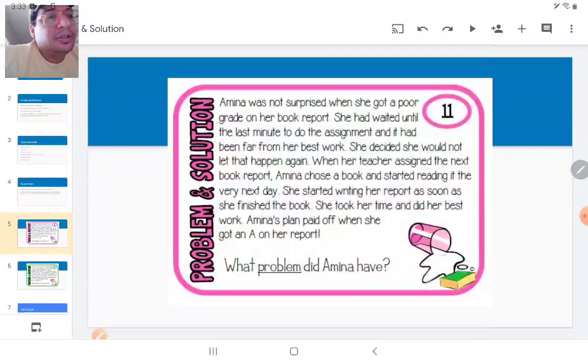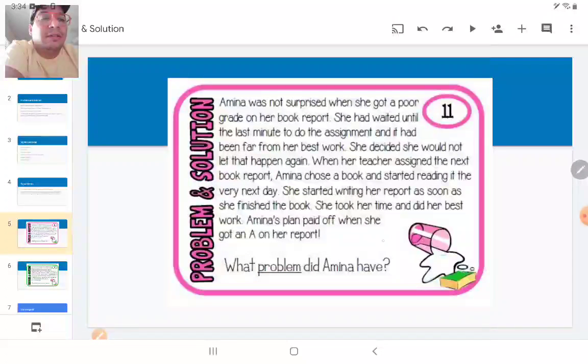She decided she could not let that happen again. When her teacher assigned the next book report, Amina chose a book at the start and started reading it the very next day. She started writing her report as soon as she finished the book. She took her time and did her best work. Amina's plan paid off when she got an A on her report.